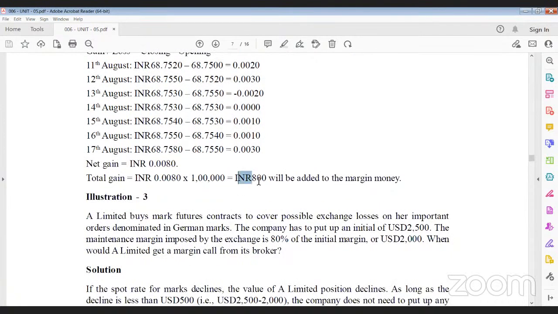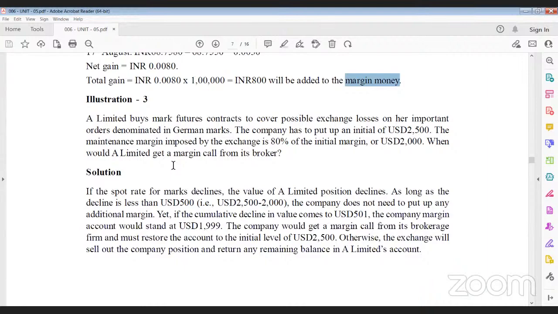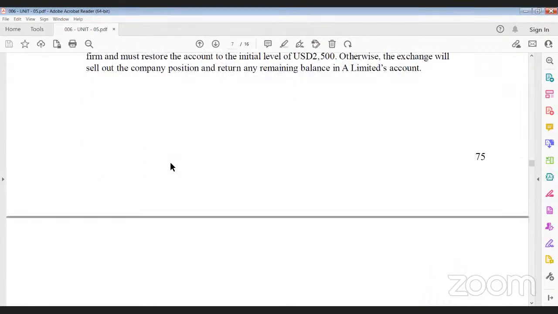Here, the INR 800 will be added to the margin money. Is this clear? I hope you will be able to solve the remaining problems.